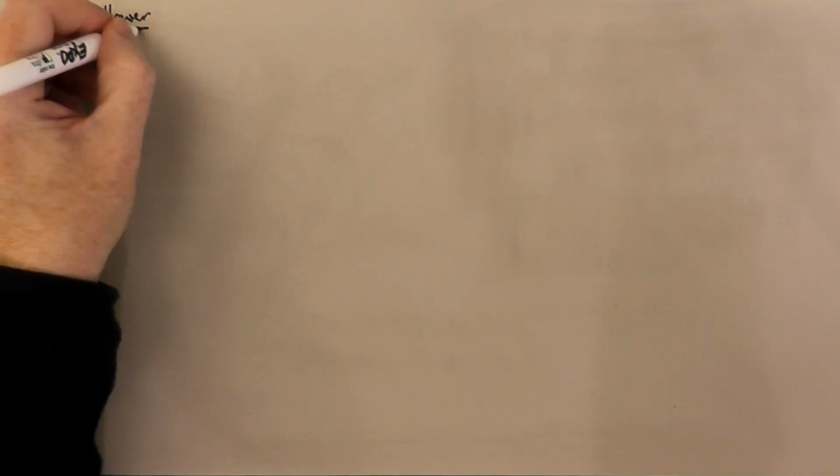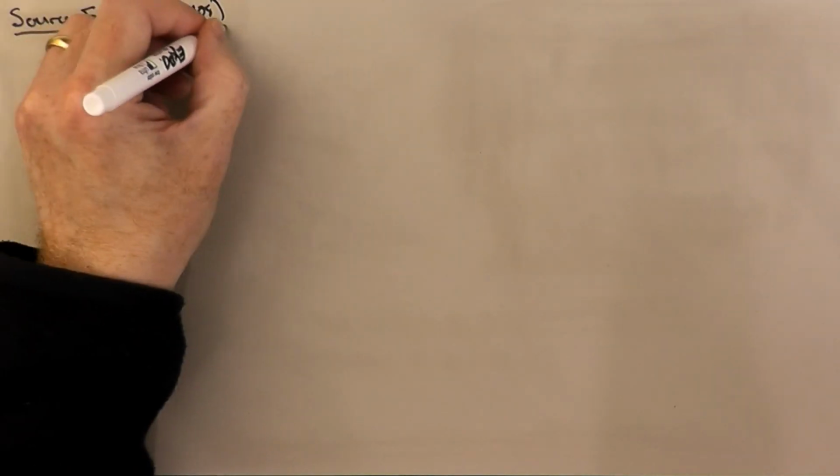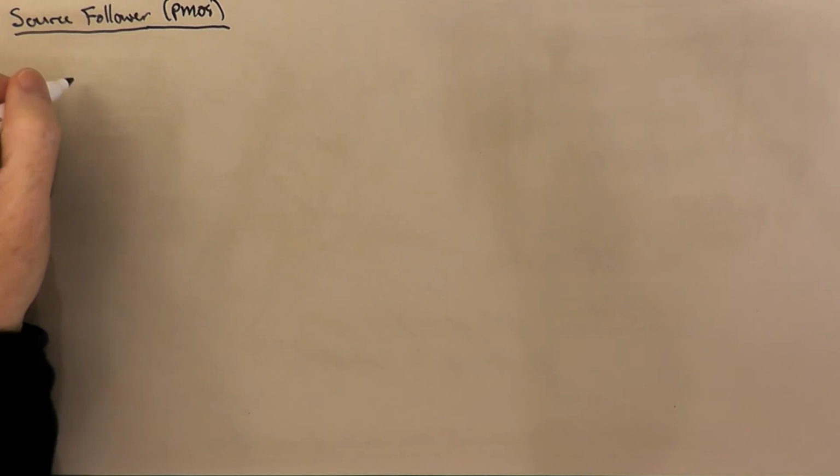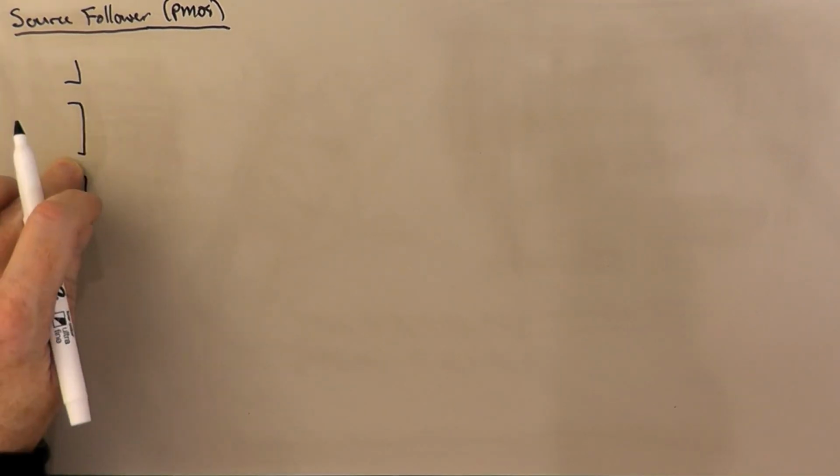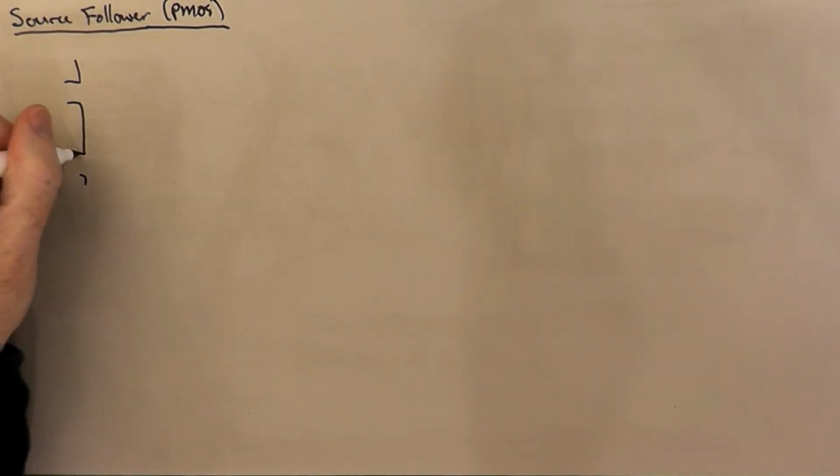So for the PMOS source follower, what we would do is take our NMOS circuit and flip it upside down. So let me draw the NMOS version of the circuit here.